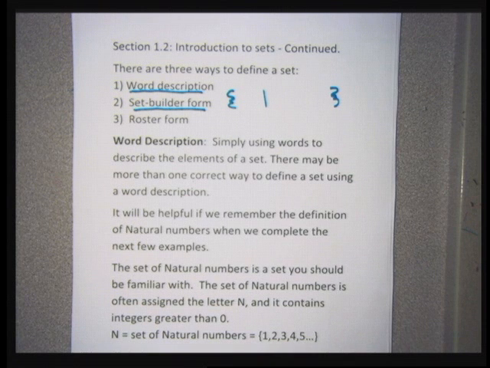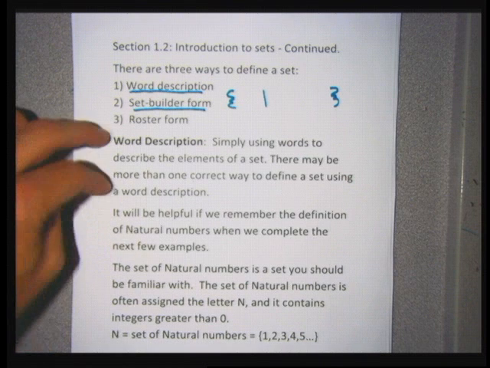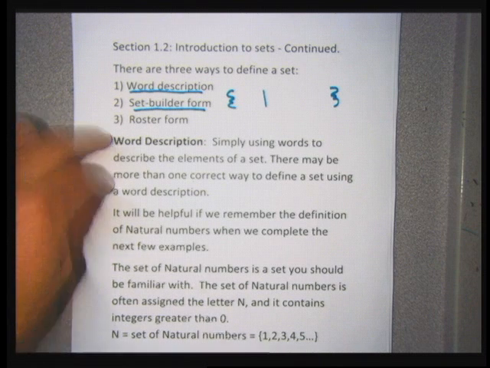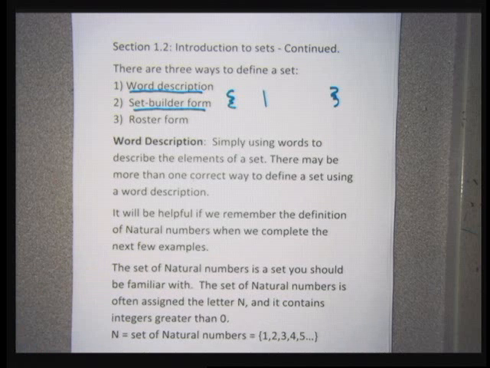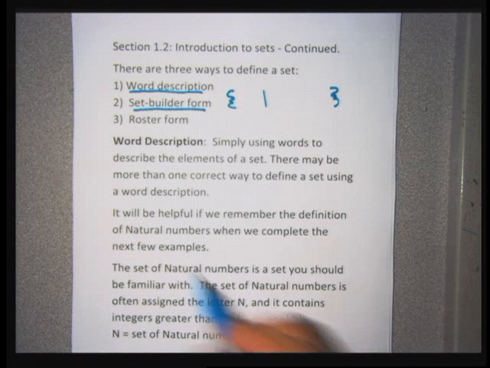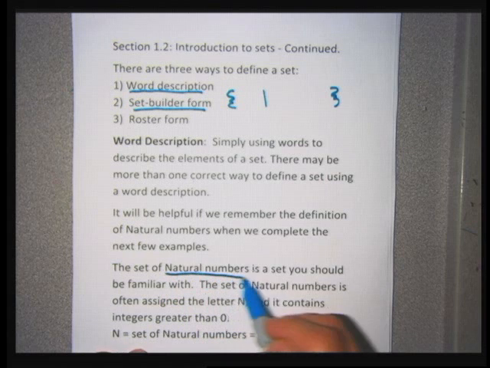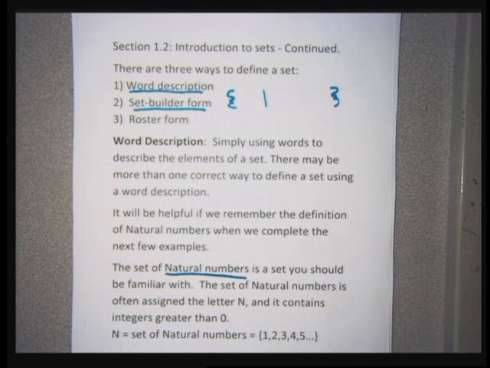So in the last section, we talked about natural numbers for a second, and a lot of the problems where I ask you to write a word description of a set, it gives a set that has natural numbers in it. So just in case you've already forgotten, or if it just didn't sink in the first time, natural numbers are a set that we use a lot in chapter 1, but after chapter 1 they won't come up again.